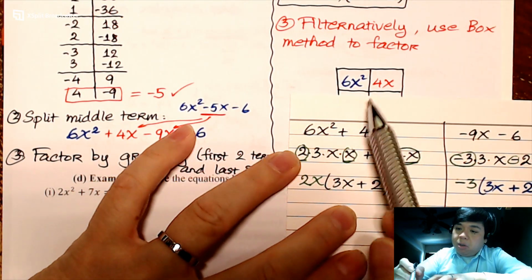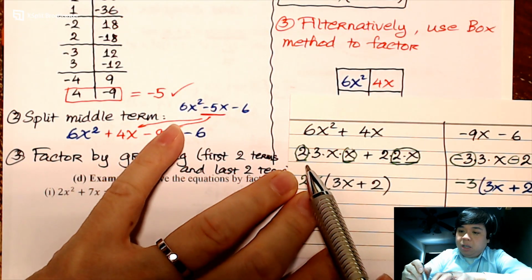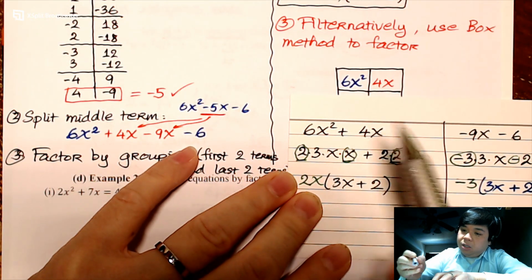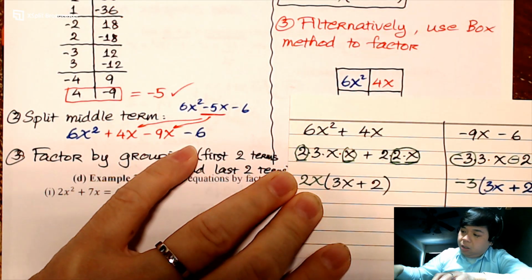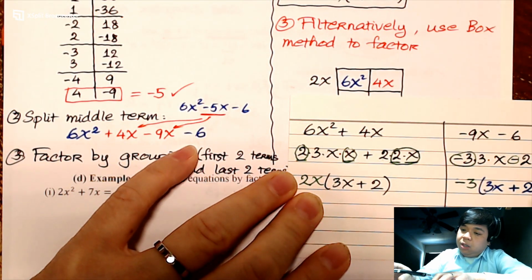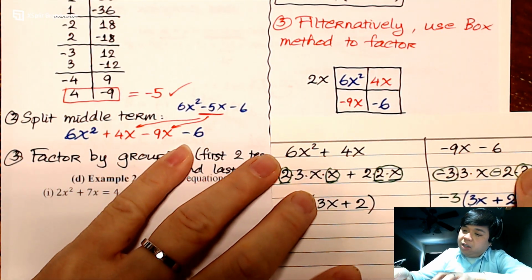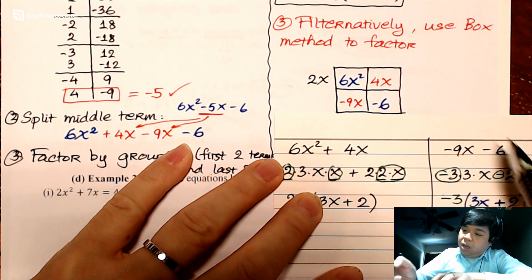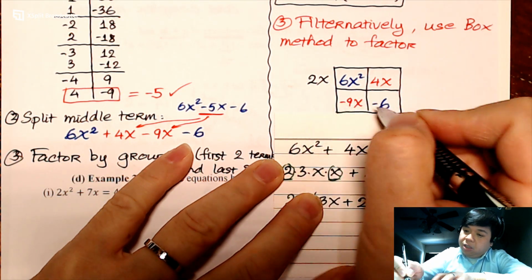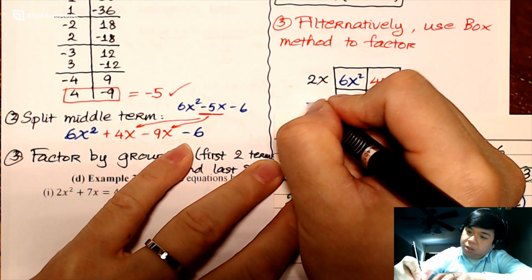The common term of 6x squared and 4x, we do the same thing. We see the common is 2x. Just going to put 2x is common here. And now the common of -9x and -6, we say that is -3. Again, the sign will go with the left and the top.